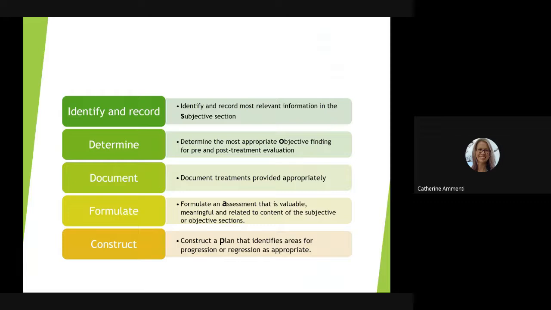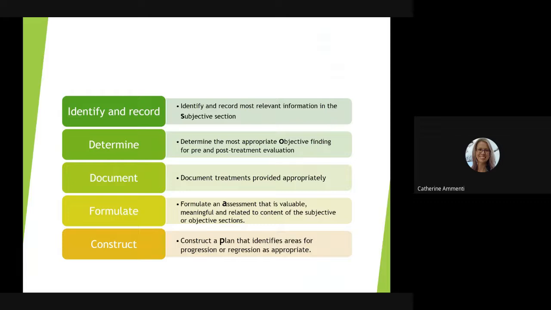So before you start today's treatment, you want to pick out something that's the most appropriate in the objective findings from the initial evaluation, and be prepared to measure that. You can use that as information for your treatment as well, to document why you did your treatment, because range of motion was limited. And then you can determine if that was successful by remeasuring that objective finding.